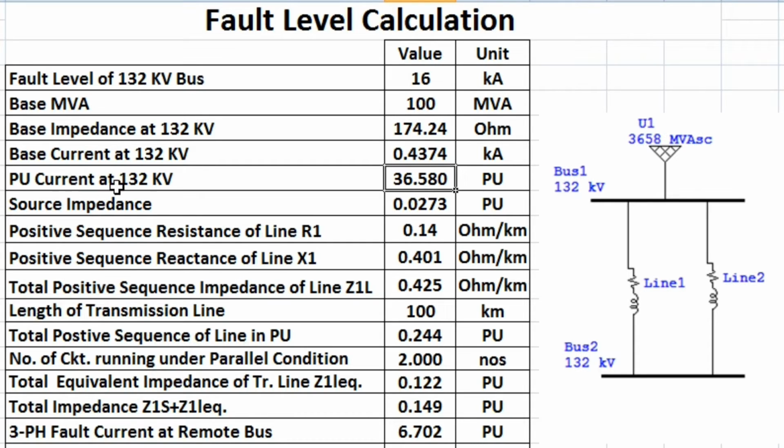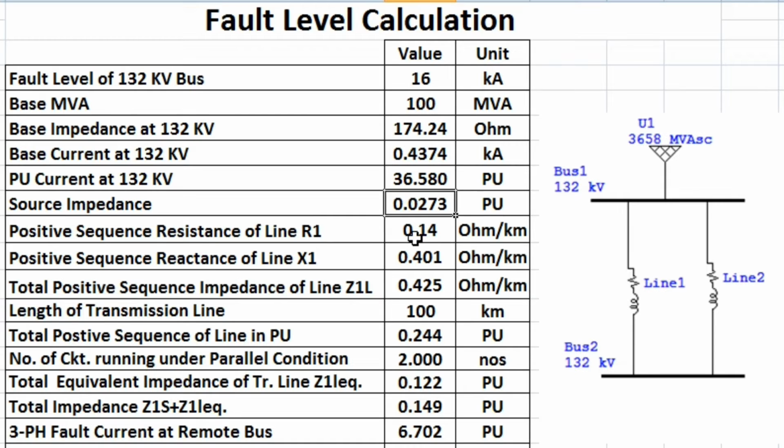Now the per unit current at 132 kV is 16 kiloampere divided by the base current, that is 16 divided by 0.4374, which comes as 36.580.